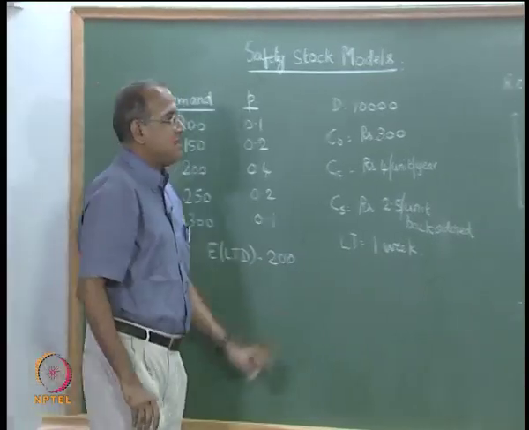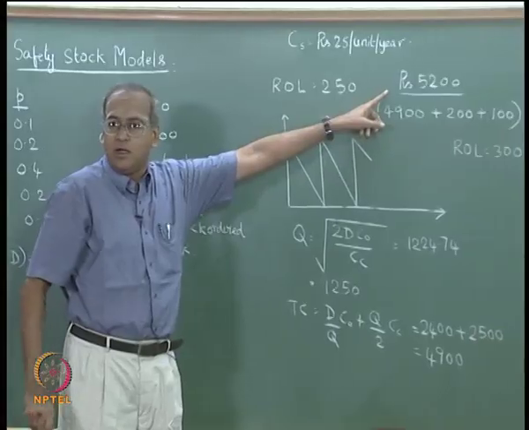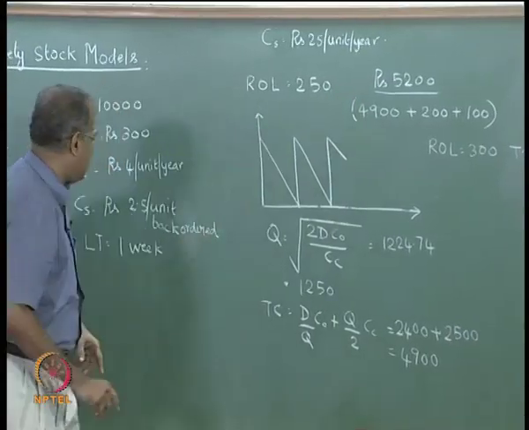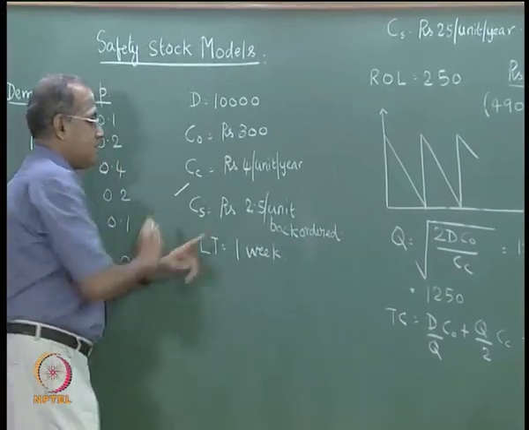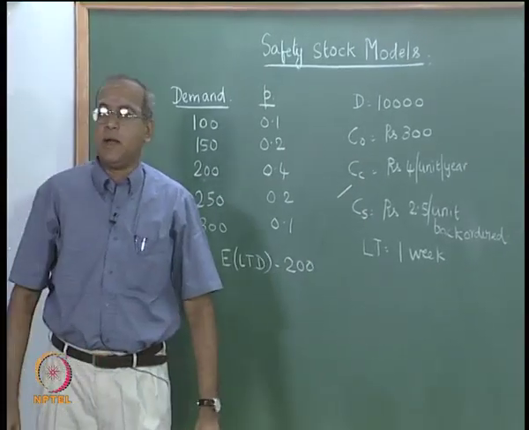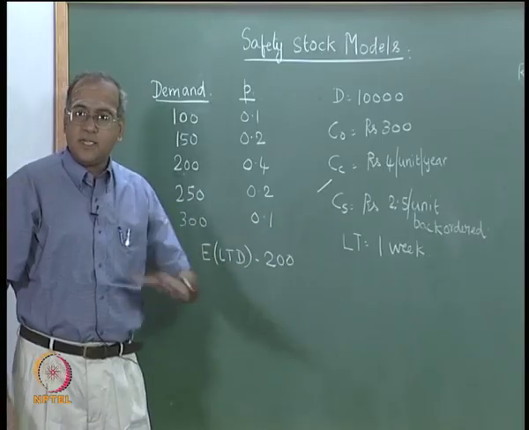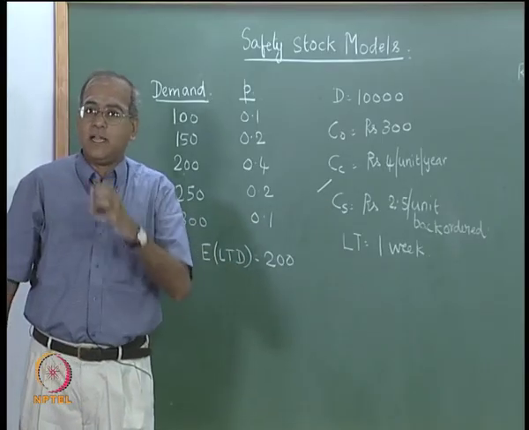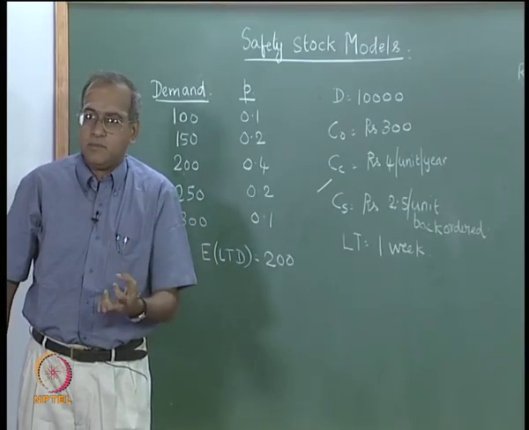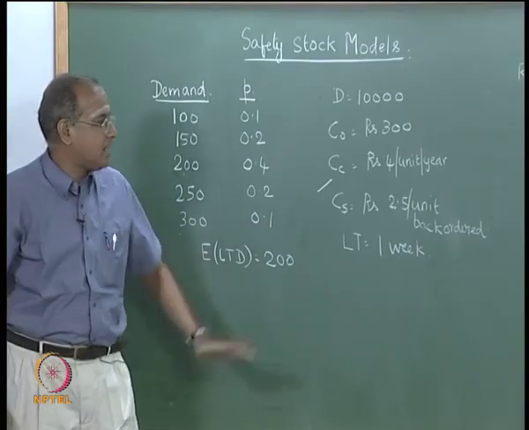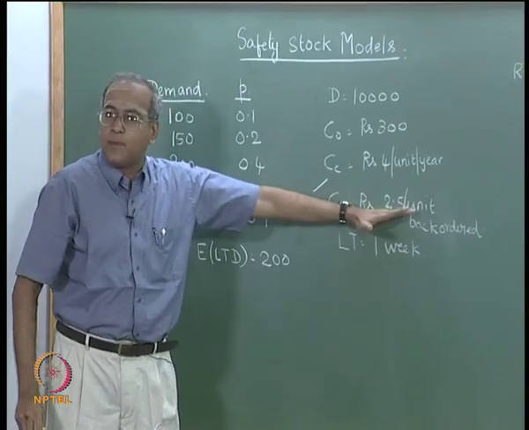One is this 5200 after all was computed assuming that CS is rupees 2.5 per unit back ordered, which means that the organization is pretty sure of what is the effect of back ordering. It is under the assumption that this cost is not going to go up.